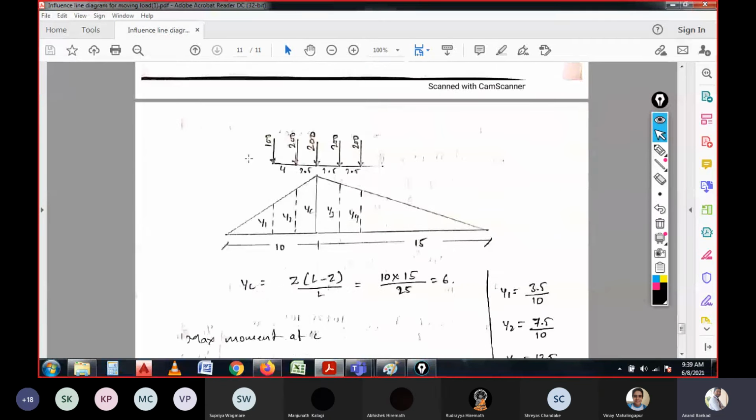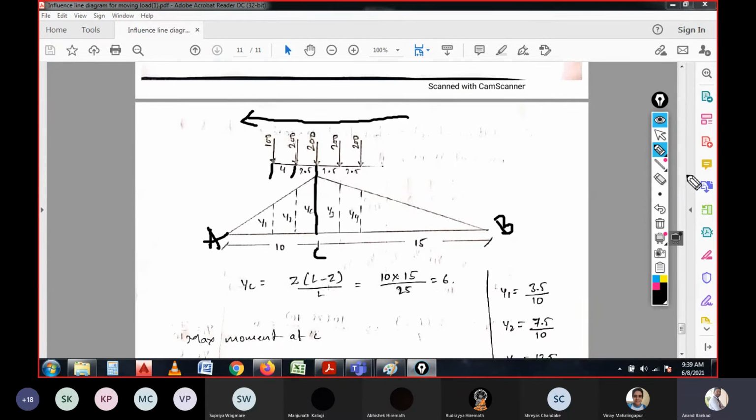See, when the series of loads are moving from right to left, the first 200 kilonewton is passed, the second is passed, but when the third is coinciding with the section, we will be getting the maximum load average value on the span of AC. This is C and this is B.